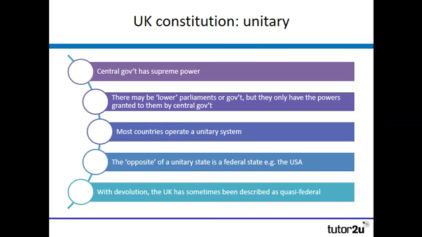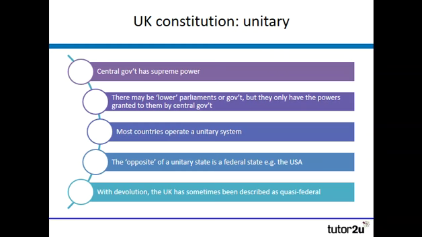Yes, there is central government in the form of Washington and the Washington institutions, but each state also has its own government, legislature, judiciary. Those states in the United States have what are called reserved powers. They have powers that are purely for them, and those are set out very specifically in the US Constitution.